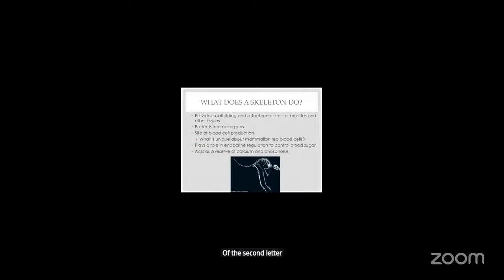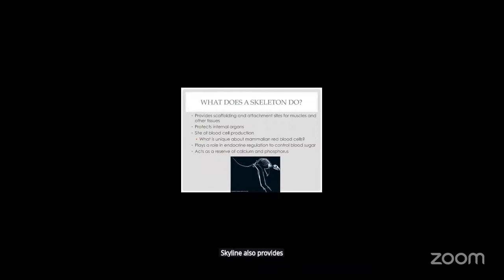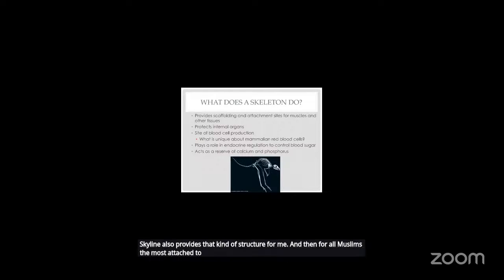For bipedal animals like primates or man, the skeletal frame determines that we stand upright. Whereas for animals like cats and dogs that are quadrupedal, the skeleton also provides that kind of structure. And all muscles must attach to the skeleton so that they can perform their function, and some other tissues also form attachments to the muscles.